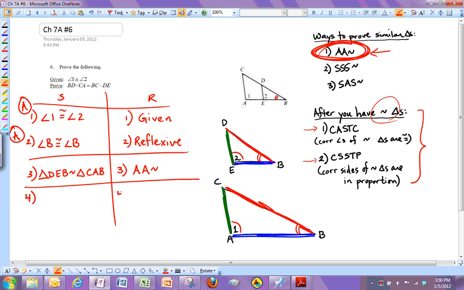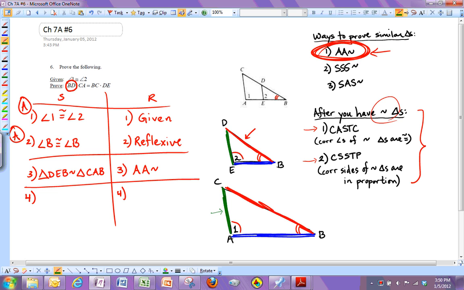What I want to do is look at what we're trying to prove. The goal is to get this: BD times CA equals BC times DE. Okay, well, BD, if you notice, that's right here in red. And so what I'll do is I'll circle this one in red. And if you look at CA, that one's in green right here.